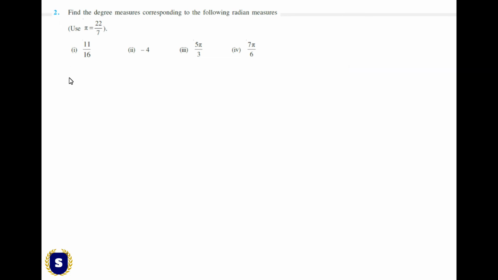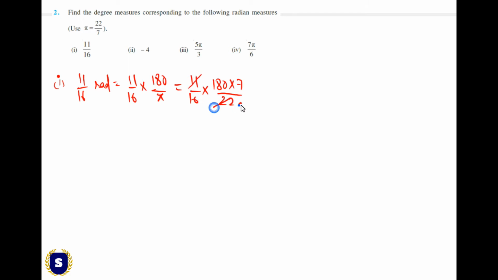So let us start from our first part, that is 11 by 16 radians. We'll multiply the value by 180 upon pi. That will become 11 by 16 into 180 into 7 upon 22. Hope you understood why I put 7 upon 22.